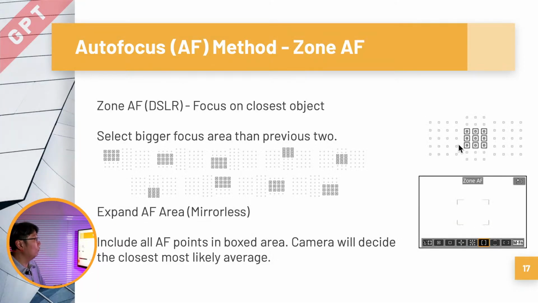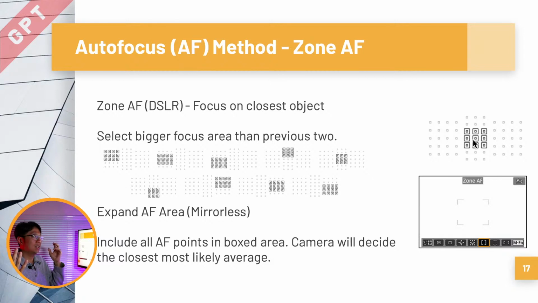But Zone AF is like we let the camera do all the guessing for itself. For example, if I have something in front of me, like maybe a cup or some glass, and I'm behind the glass, even though we are all within this box, the camera will focus on the glass first, not me.